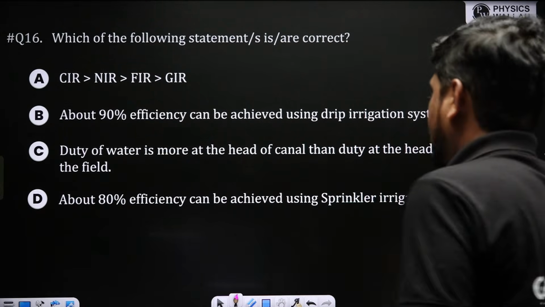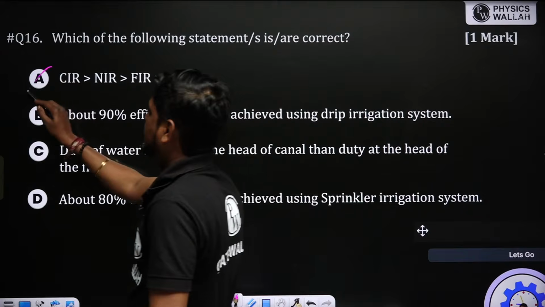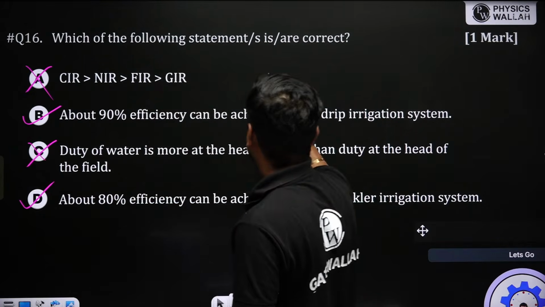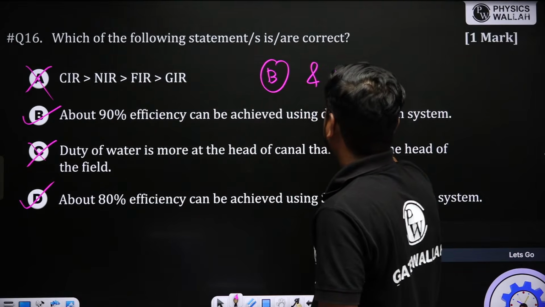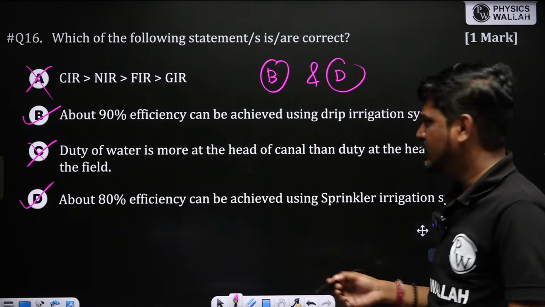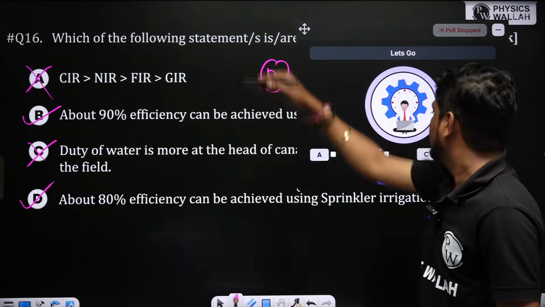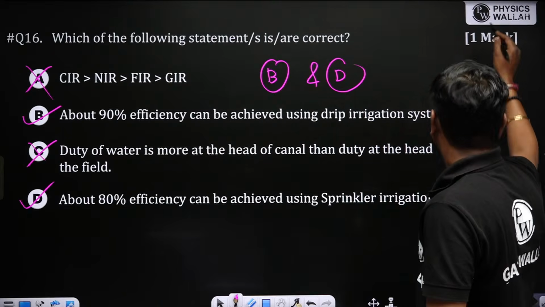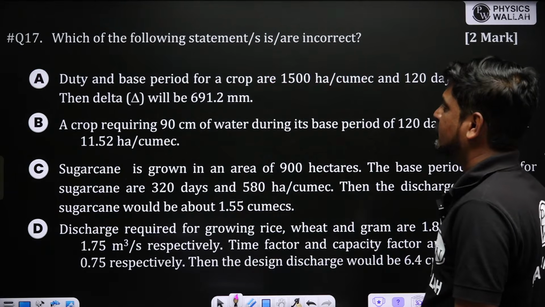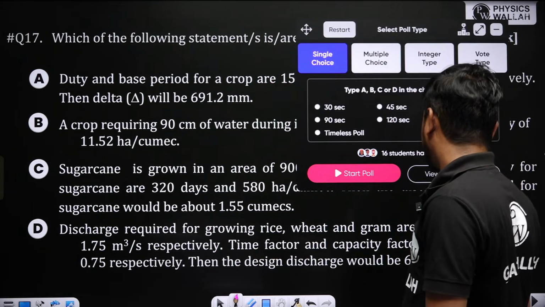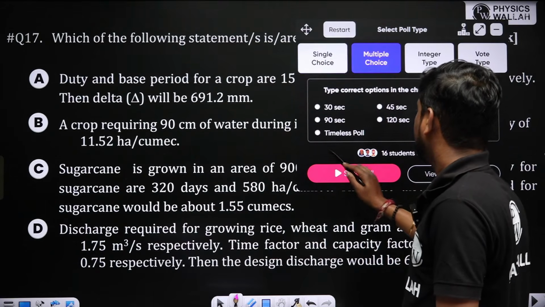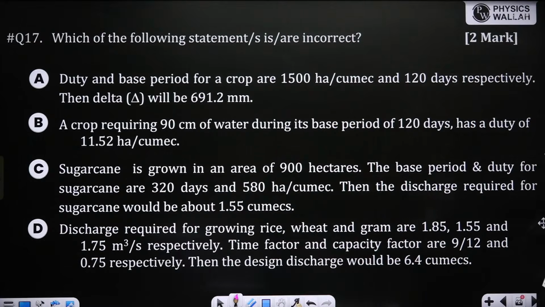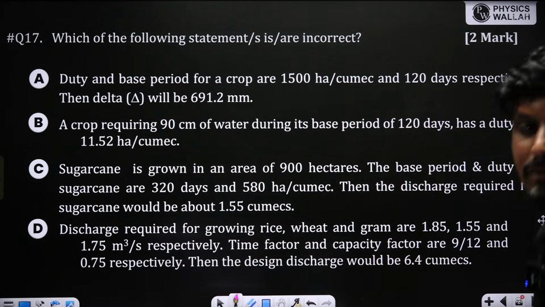Over? Yes. So this statement is wrong and this statement is wrong. These two are correct answers: B and D. So all of you are given the correct answers. No need to discuss this. So a little bit lengthy MSQ question, take a little bit of time. I will not give the calculations, just the answer for this one.